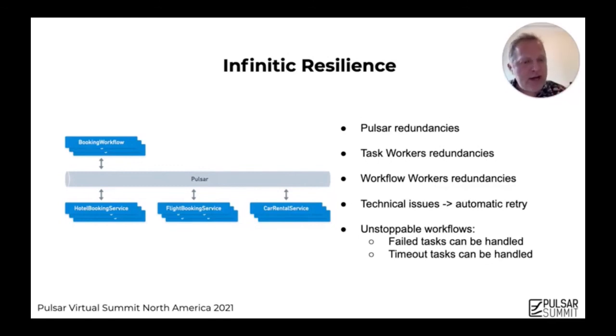So you can create unstoppable workflows. You can have the guarantee that your workflow will be processed one way or another, and you can build alerts or different processes and options to decide what to do depending on the success or failure of your task.